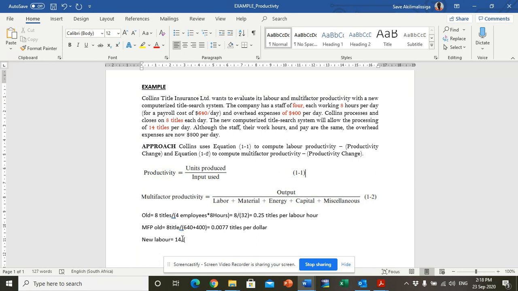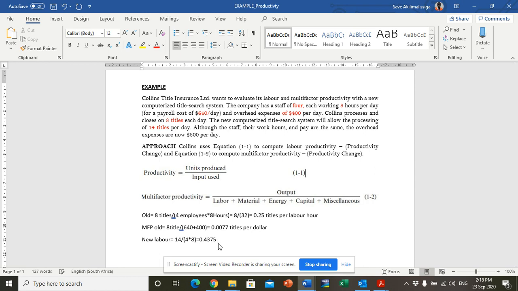So here it is 14 divided by, they say the number of employees remains the same, right? So 4 employees multiplied by 8 hours. Each employee works 8 hours. So multiply by 8, close the bracket, and you should get 0.4375, right?